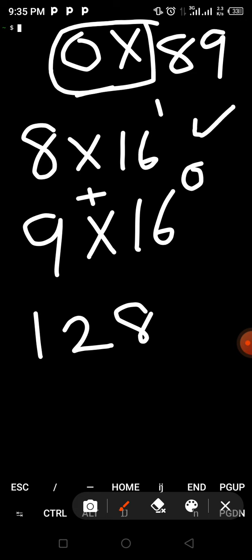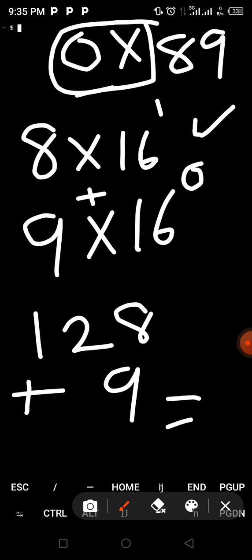Then the next one again is 16 raised to the power of 0. Anything raised to the power of 0 is 1. So 1 times 9 is still 9. So I'm going to be adding it with 9. So 128 plus 9 is going to give us what?